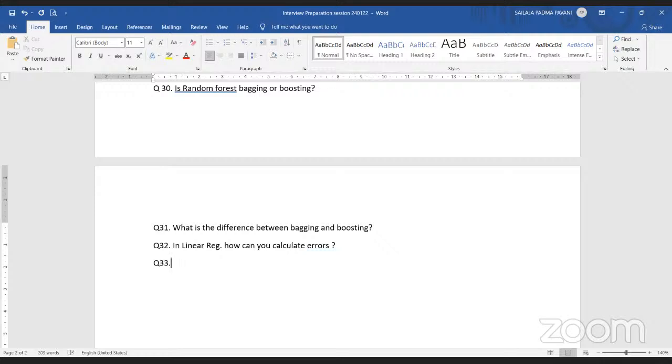My next question is, what are the major issues you face in case of linear regression?